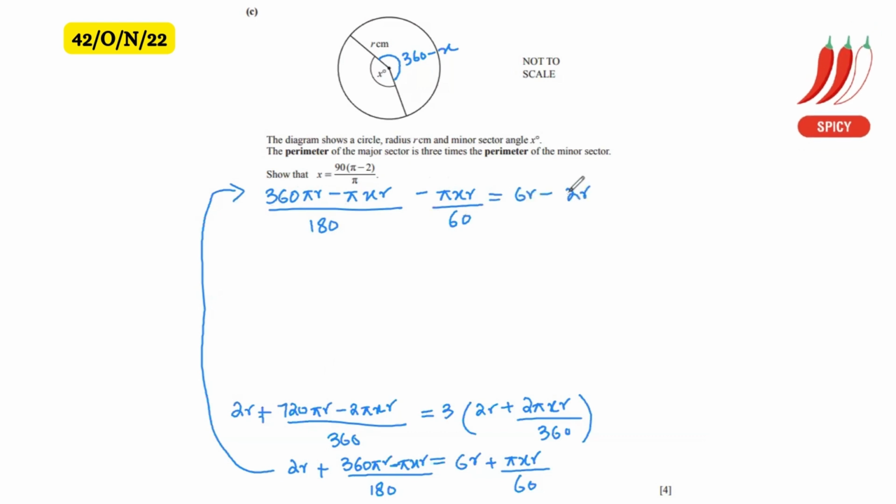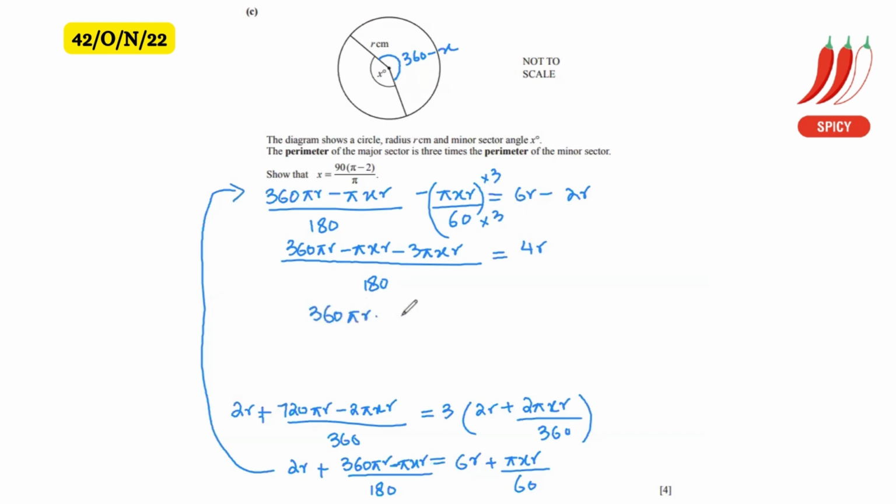Find the LCM of 180 and 60, that is 180. So we can multiply this fraction by 3 because 60 times 3 is 180. So 360 pi r minus pi xr minus 3 pi xr equals 4r, so minus pi xr minus 3 pi xr is negative 4 pi xr.